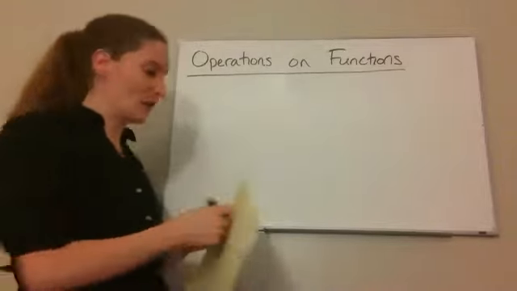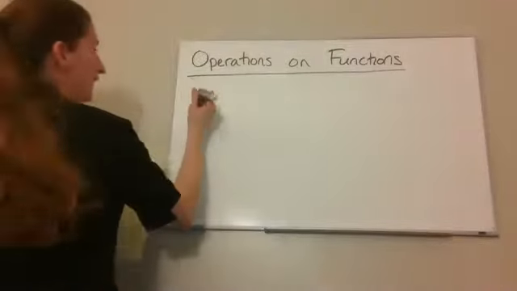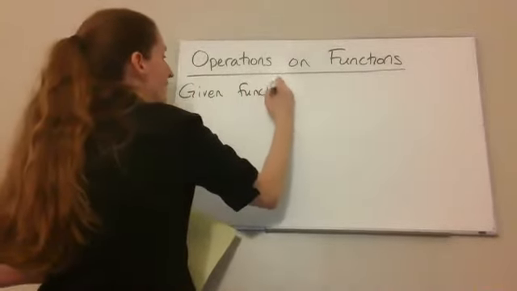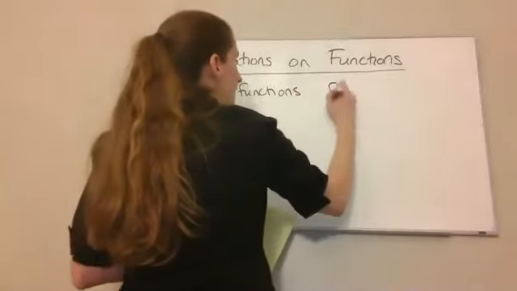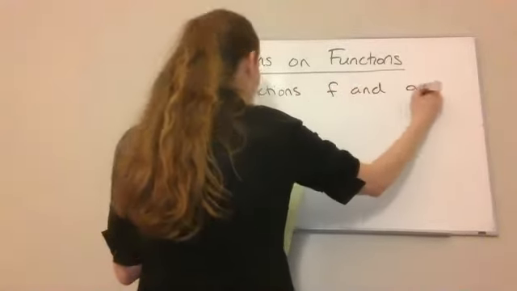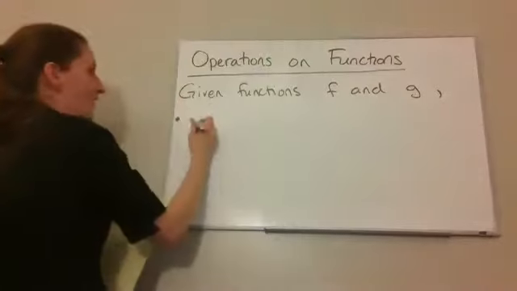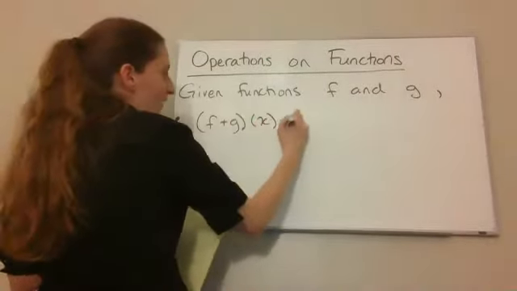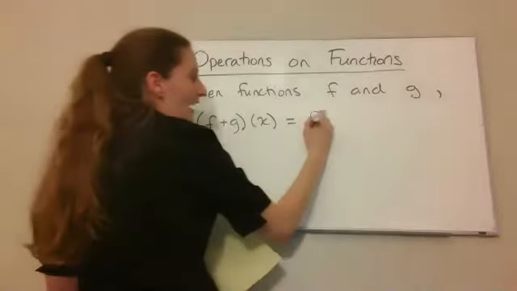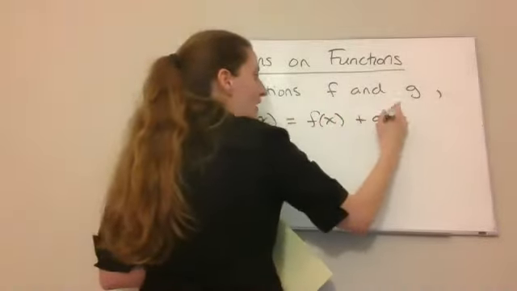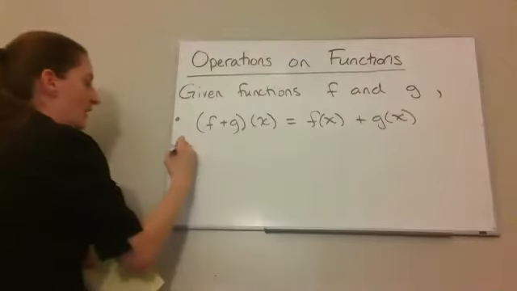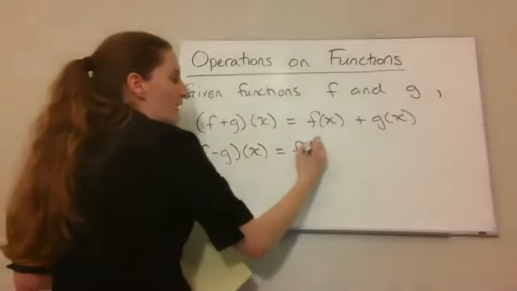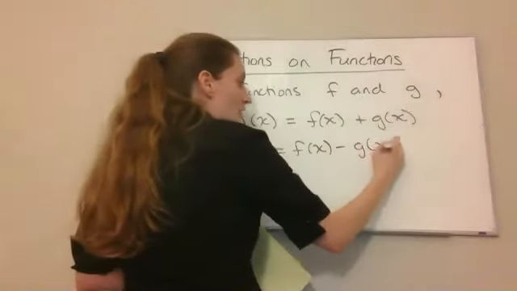So let's get started. Given two functions f and g, we're going to define some various operations. We have f plus g of x is the function defined by f of x plus g of x. And f minus g of x is f of x minus g of x.